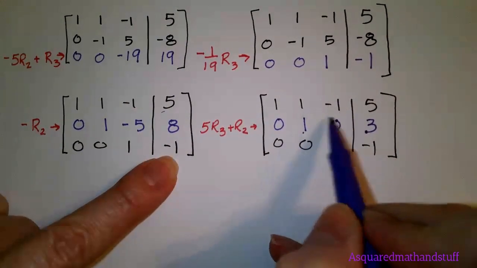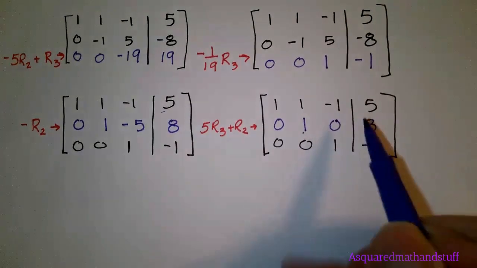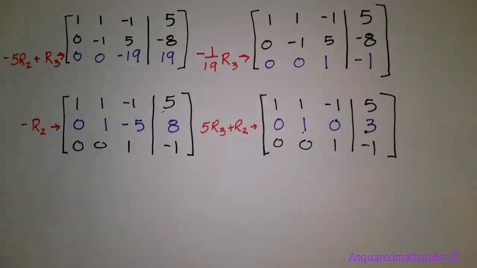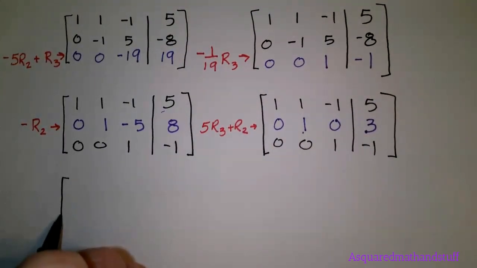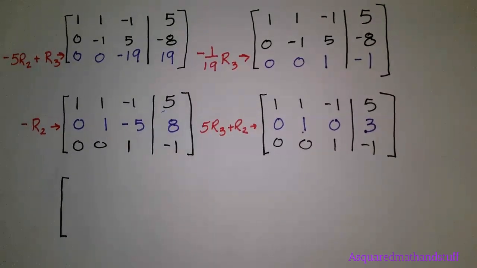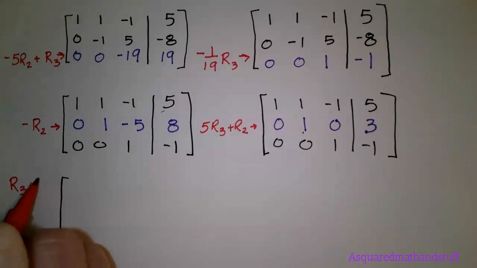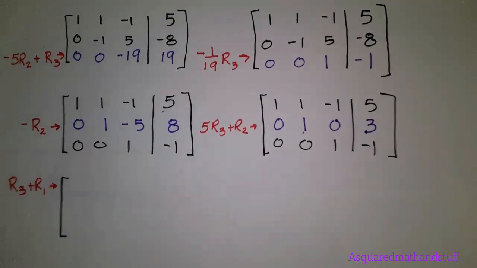Let's get a 0 in the position where we have a -1. And we can do that by adding row 3 to row 1. So row 3 plus row 1 gives us our new row.